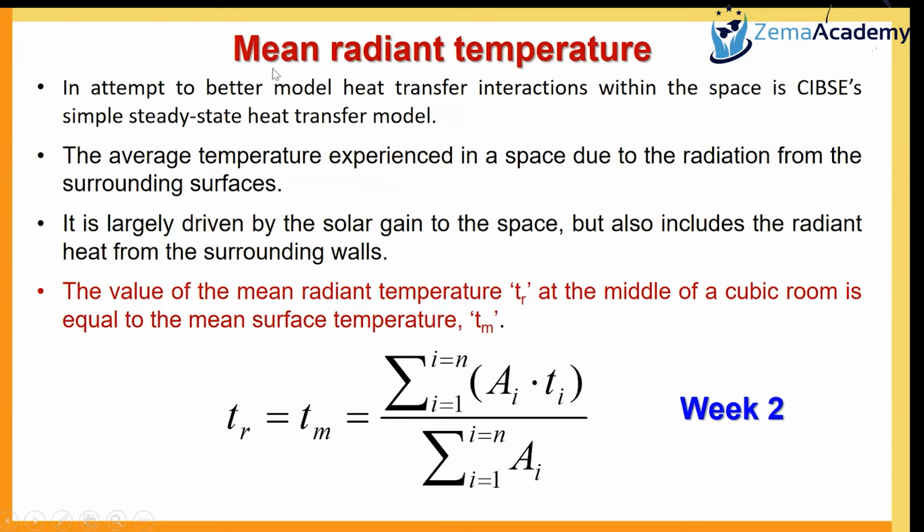And we said that this mean radiant temperature can be taken equal to the mean surface temperature, Tm. So the first temperature we came up with was this mean radiant temperature, and with its help we did a derivation and ended up with the equation that you see right now, which is the environmental temperature.